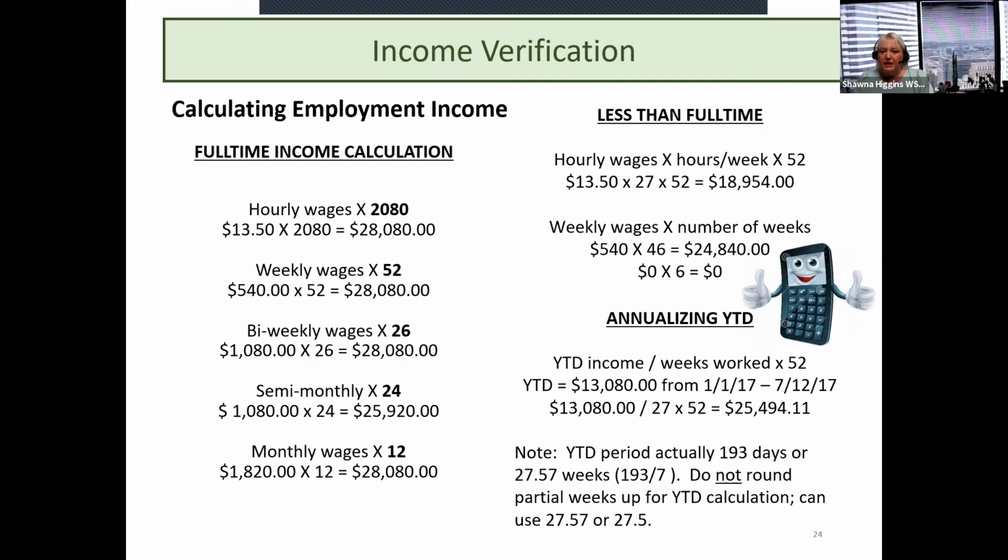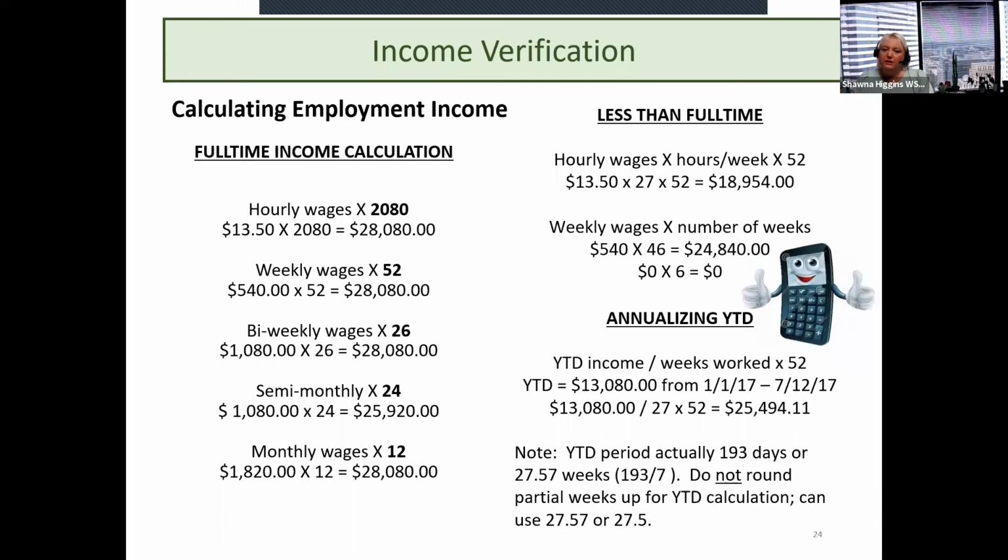So for instance, in this example, they started on 1/1/17 and it ended on 7/12/17. So you're going to want to take those dates and figure out how many days or how many weeks. With this one, there's 193 days, or 27.57 weeks. That was taking 193 days, dividing it by 7.